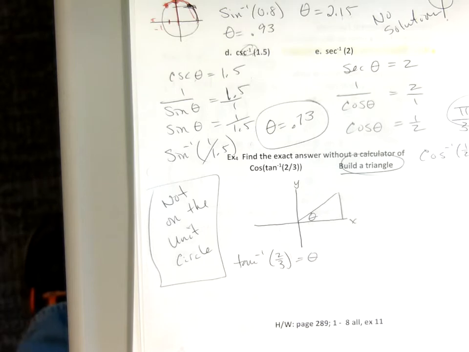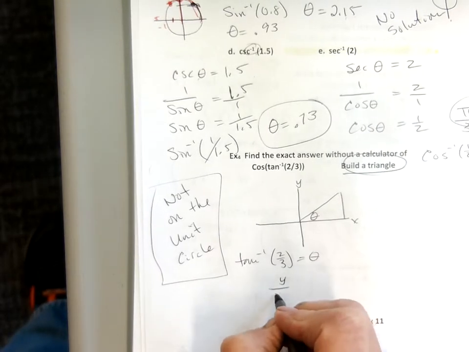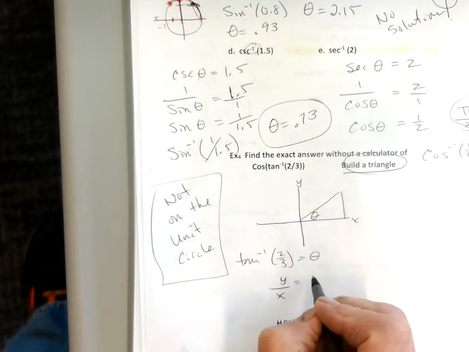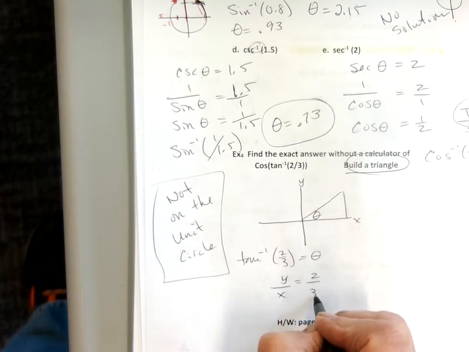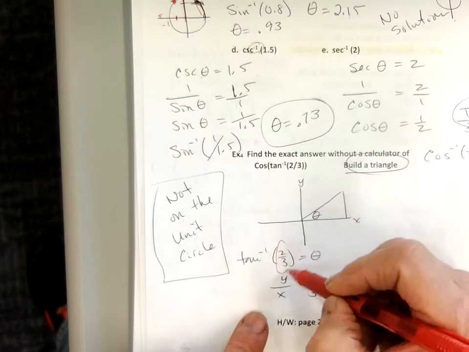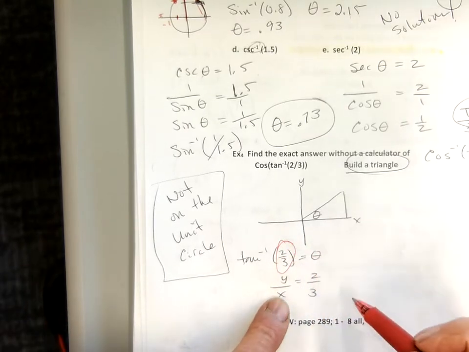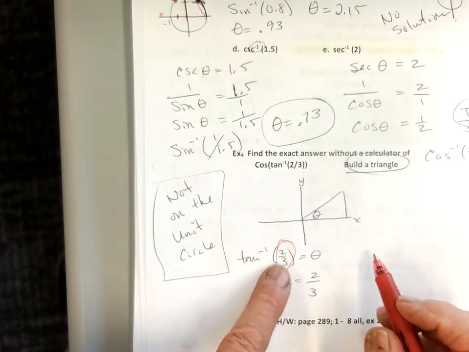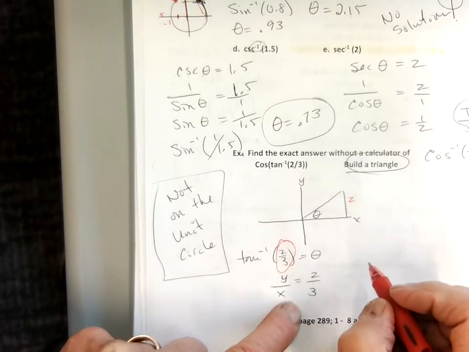I know tangent is the y over the x. So I know my y value's got to be 2 and my x value's got to be 3. Has to be, because that's what it says, right? Y over x. So I'm going to take my triangle and put my y value 2 and my x value is 3.